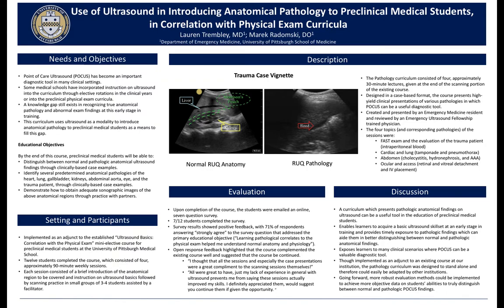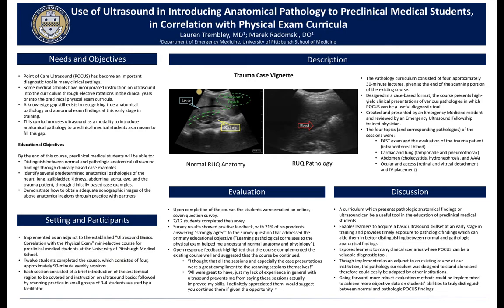We chose to implement this ultrasound pathology course as an adjunct to the mini elective rotation already here at Pitt called Ultrasound Basics, Correlation with the Physical Exam. The course is 4 90-minute weekly sessions.